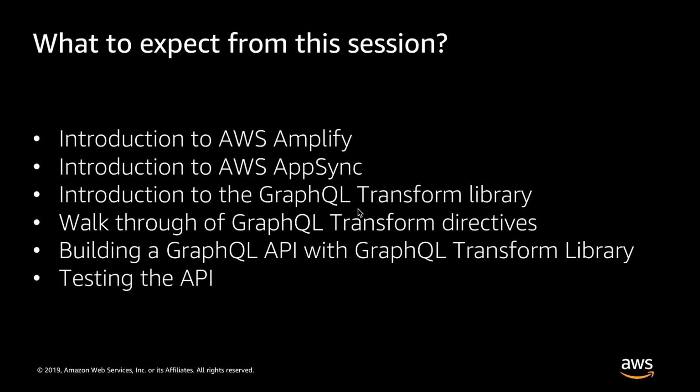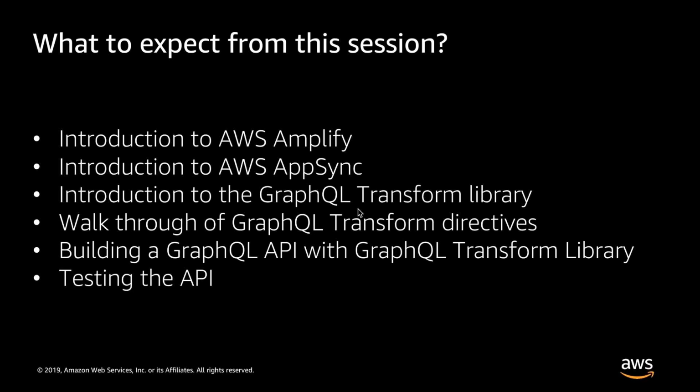We'll then talk about the GraphQL Transform library, and the entire talk today is going to be focused around this library. We're going to talk about what exactly it is, but in general, it is a bunch of directives, a bunch of decorators that you can add to your GraphQL schema, and then using the Amplify CLI, you can add functionality to your GraphQL API.